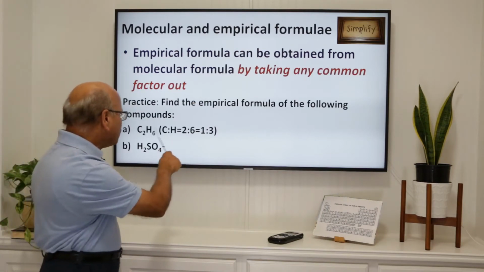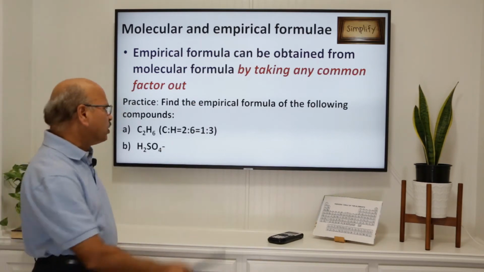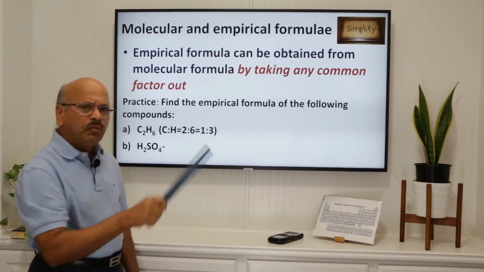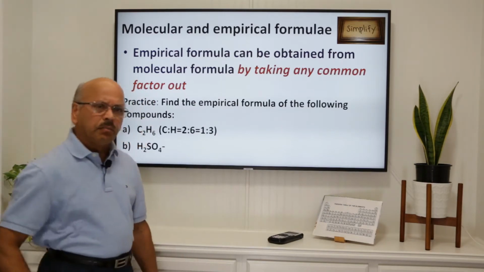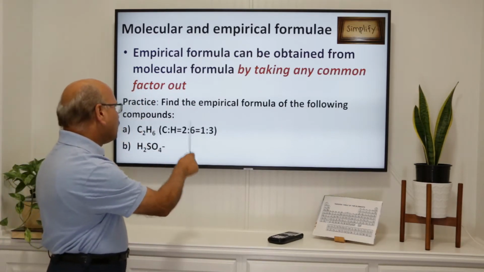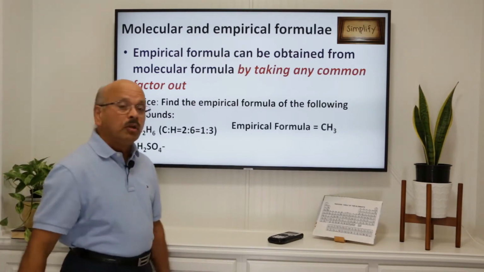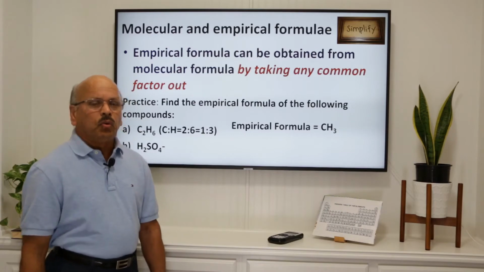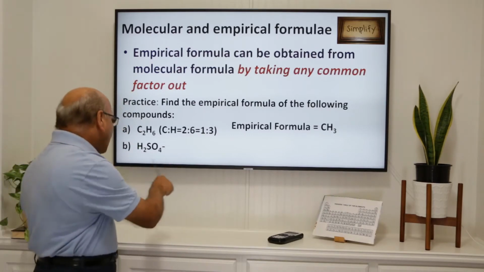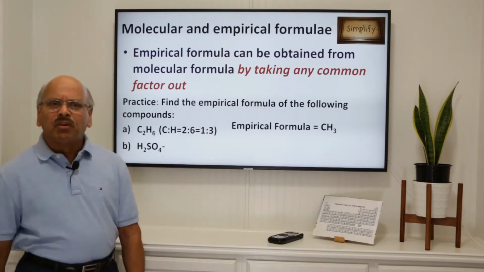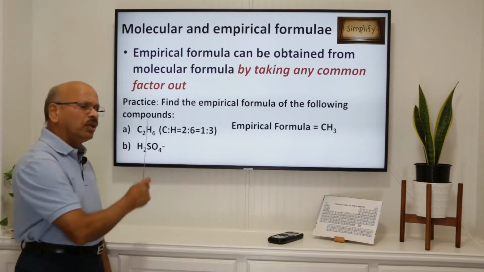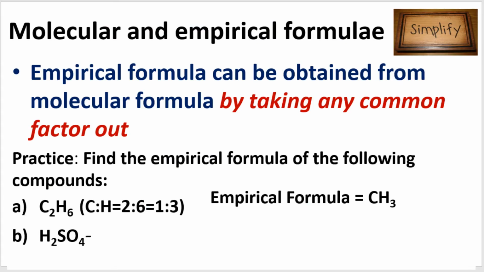The carbon-hydrogen atom ratio is 2:6, which simplifies into 1:3. That means carbon 1, hydrogen 3. So the empirical formula is going to be CH3. So think about this: how will you find the empirical formula from the molecular formula of sulfuric acid, which is H2SO4? Just try to find it out.